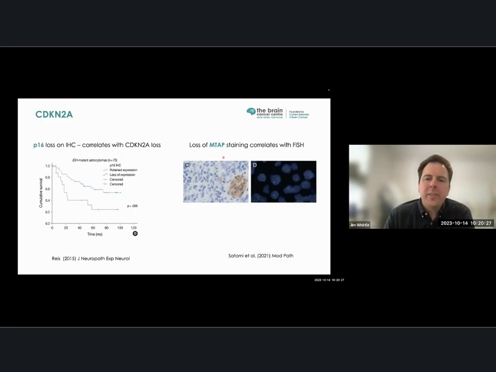And then more recently, this protein called MTAP, if we see loss of this staining in the cytoplasm, with control within the vessel, also correlates very nicely with FISH. So even if you don't have ready access to FISH and other tests, by doing these stains, you can get a very accurate representation of the tumour, which is quite meaningful in the treatment options for these patients.